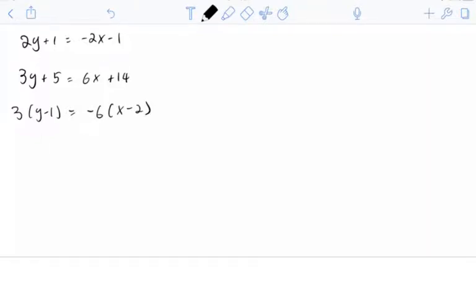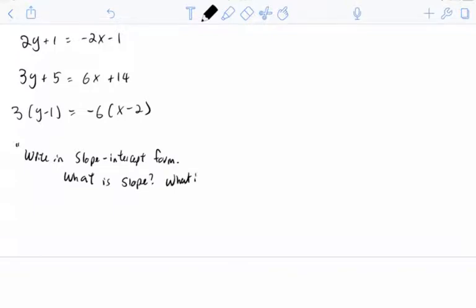Here's the task. Write in slope-intercept form: what is the slope, what is the intercept.